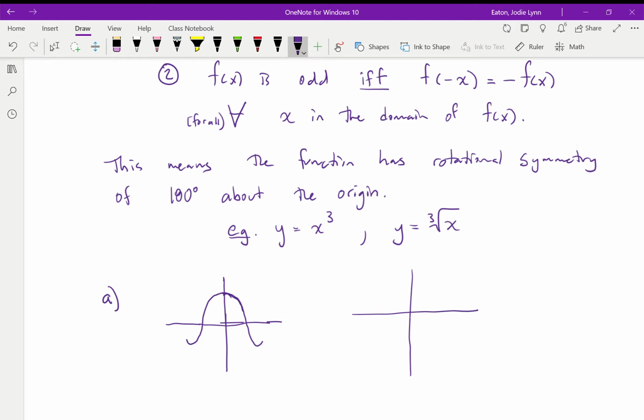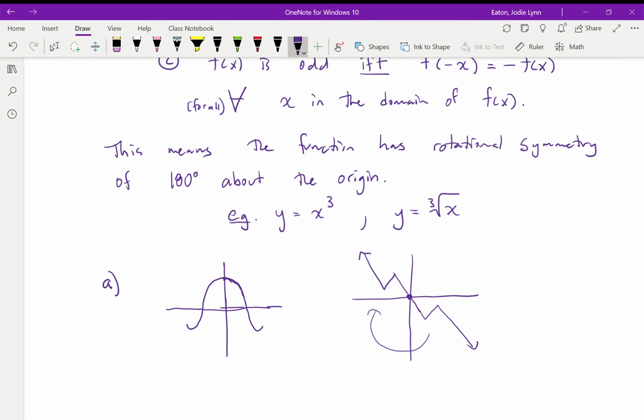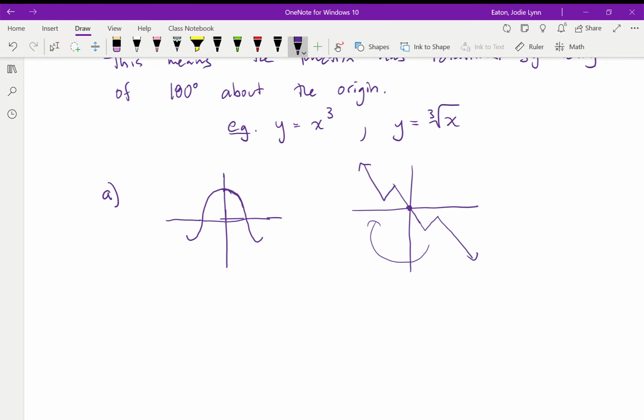And then we have a nice little interesting absolute value looking function right there, and it goes kind of little lightning bolt looking, like that. And if we rotate one, it goes right on top of the other. So this one has that rotational symmetry, and this one has that reflective symmetry. So the one on the left would be even, and the one on the right would be odd.